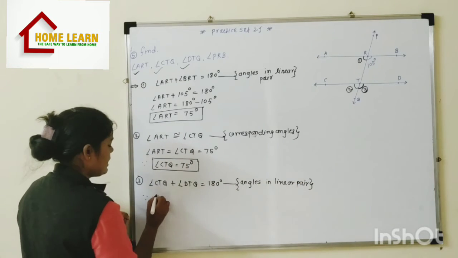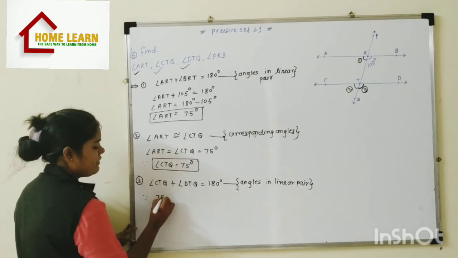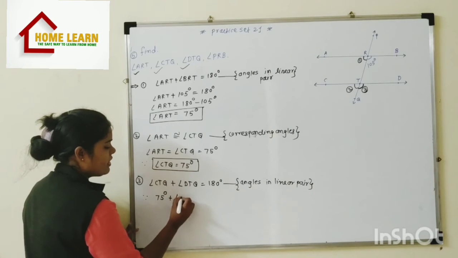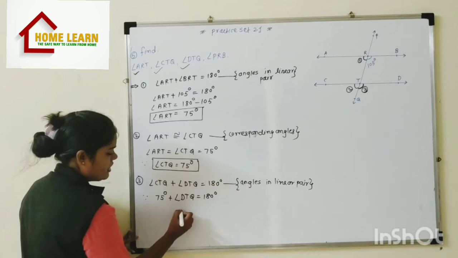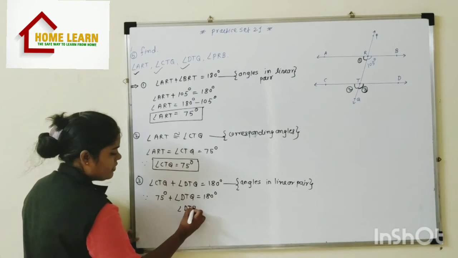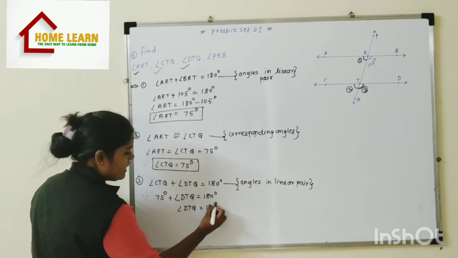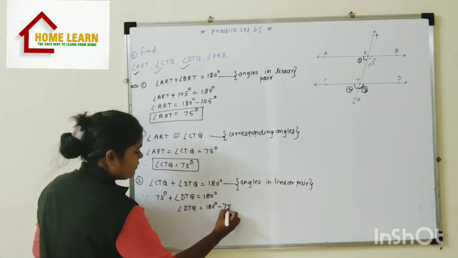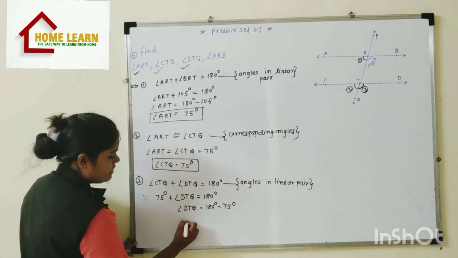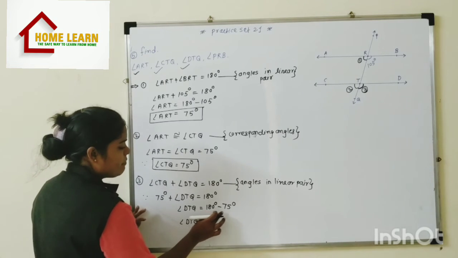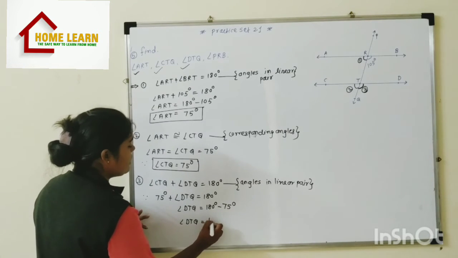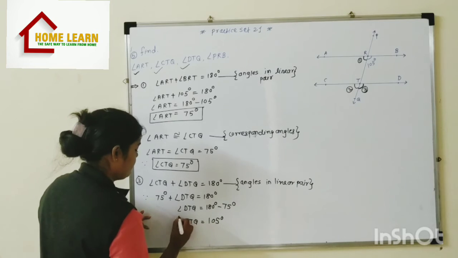Hence angle CTQ is given, that is 75 degrees, and we can easily find angle DTQ. So angle DTQ is equal to 180 minus this 75 degrees, and the answer is 105 degrees.